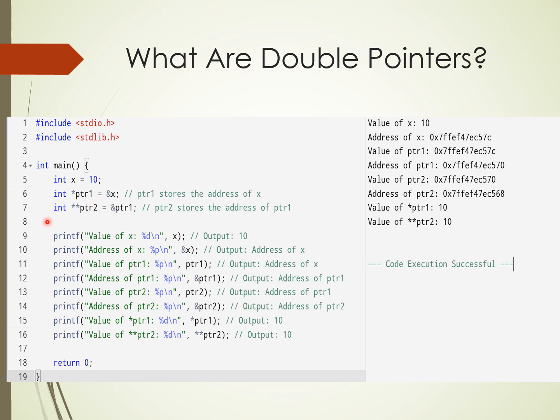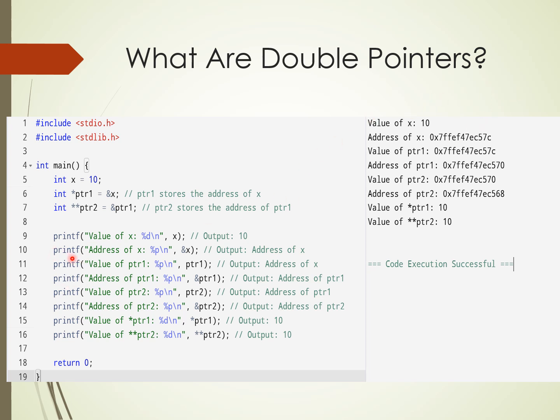Again, we declared a double pointer **ptr2 and assigned it the address of ptr1. Now we are printing the value of x with %d. Here we will get the output as 10. You can see the output screen on the right. The first output is 10.